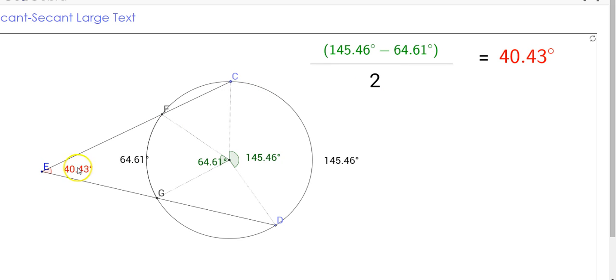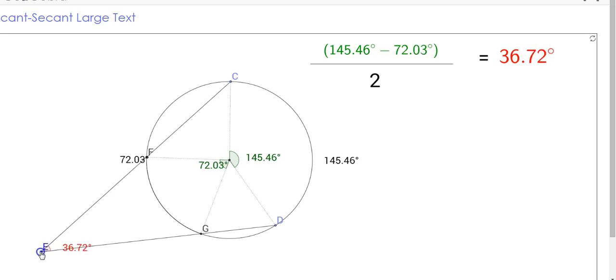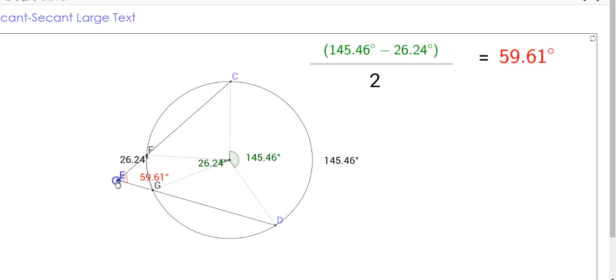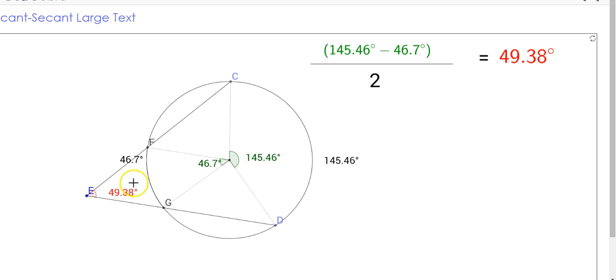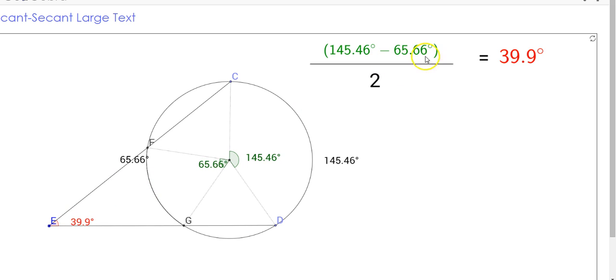However this is oriented, we can move it around. Move it real close so that my angle measure E is 66.07. That makes this arc measure real small. As I make that arc measure small, it changes the angle measure. Again, chop the difference between the larger and the smaller in half, and it will give you the measure of the exterior.